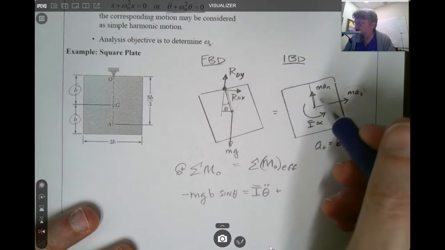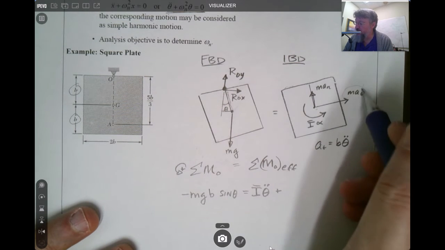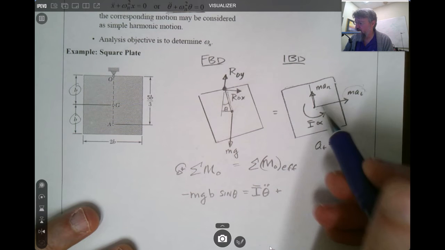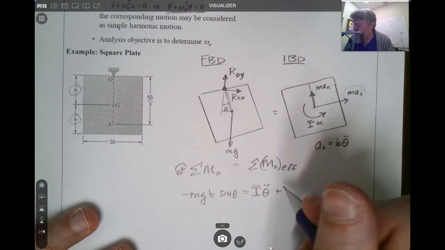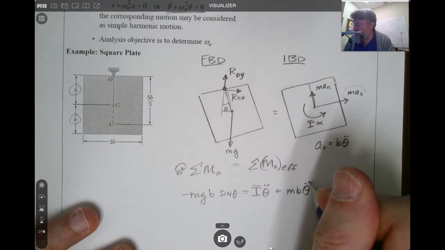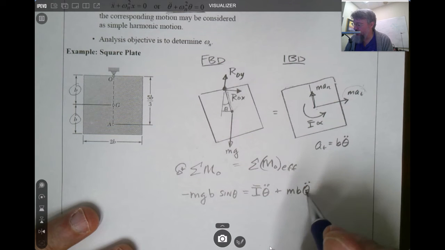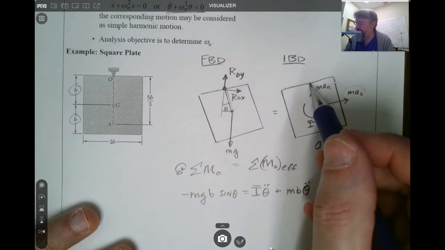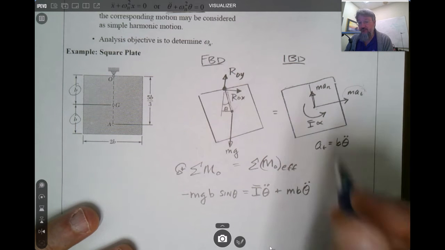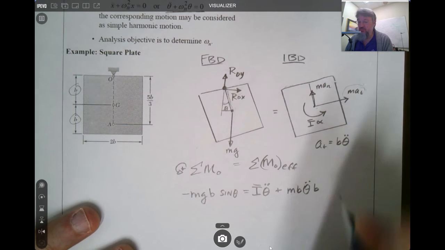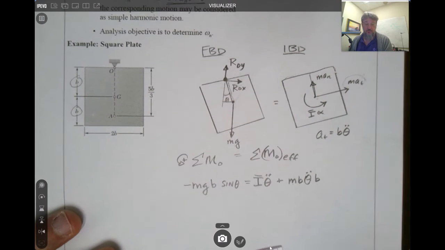So we have, and this is also going counterclockwise, that inertial force causing a moment. So it's m b theta double dot, but you've got to remember that is just mass times the acceleration. We also need a distance to be able to make it an effective moment. So we have another b right in there.